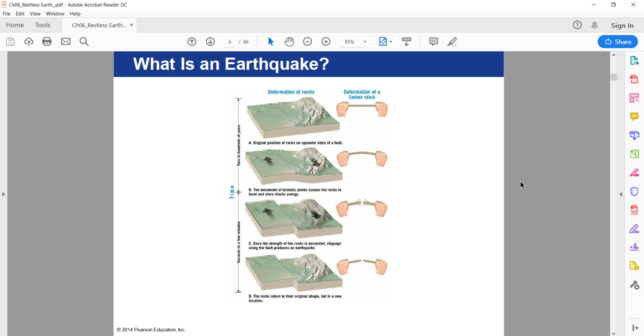When that moment comes, the slip will happen, and a large volume of seismic waves will be generated. That seismic wave will spread in the surrounding area and cause the motion of earth or rock masses, which is called an earthquake event.